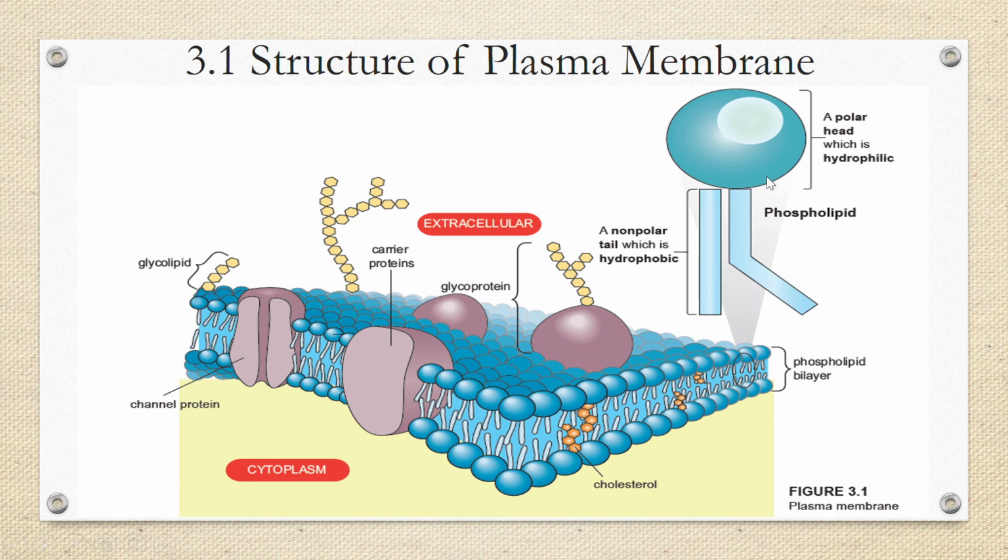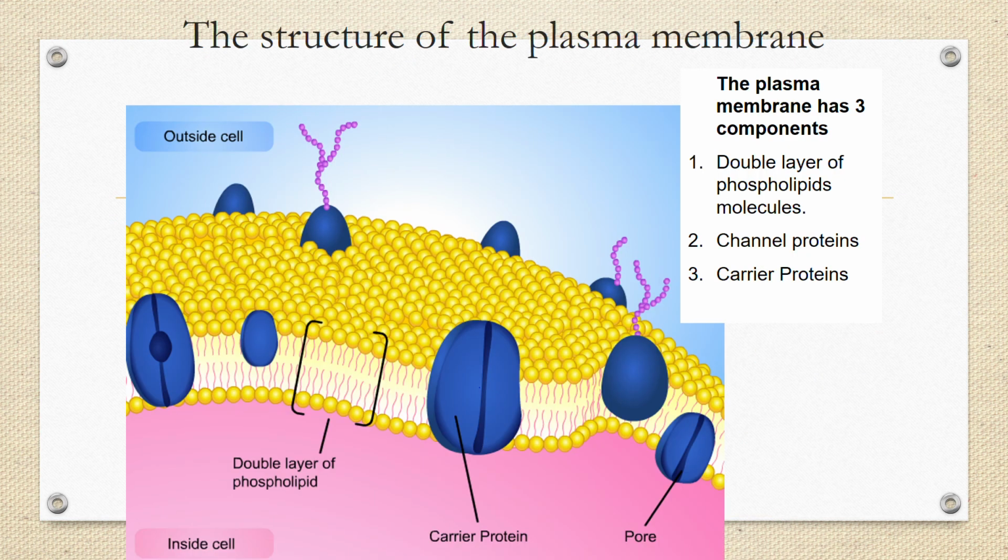Also, you have this brown color structure, which are the proteins. So that means the main components of a plasma membrane are the lipids, the phospholipids, and also proteins. This is outside of the cell and this is inside of the cell. Can you imagine that?